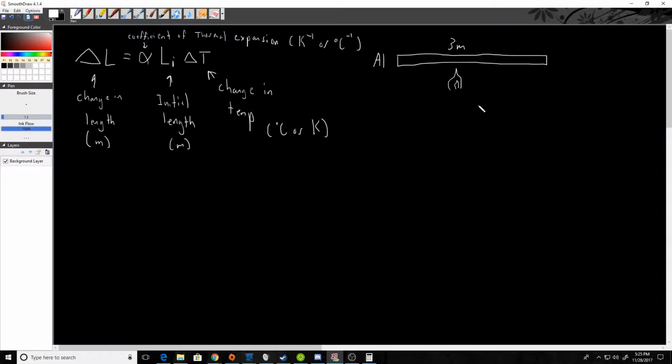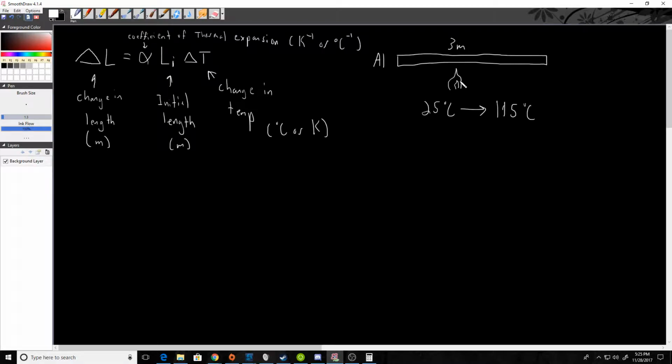And let's say that we're going to change its temperature from 25 degrees Celsius up to, let's go big, 115 degrees Celsius. So we get it over the boiling point of water there.